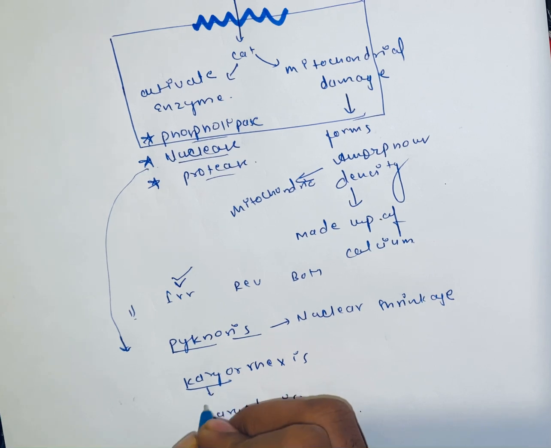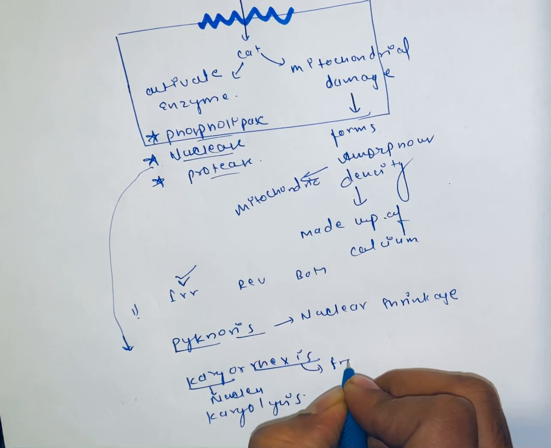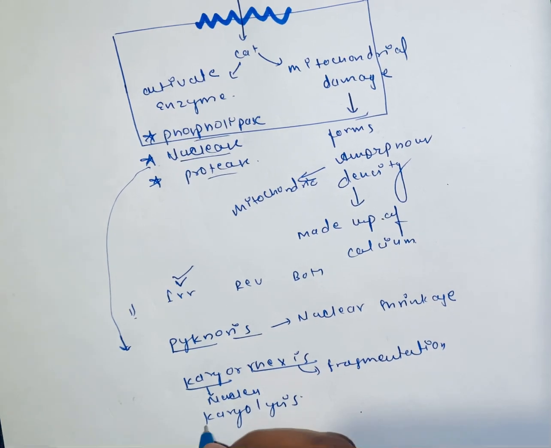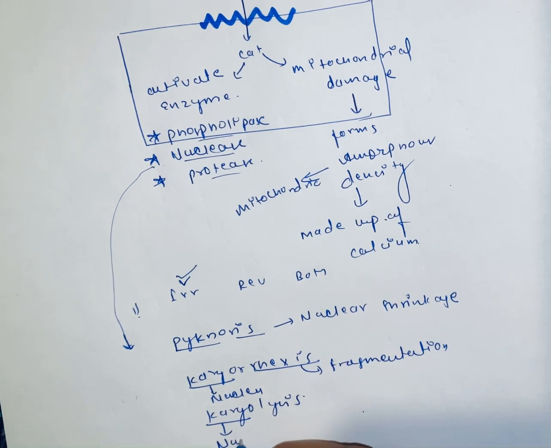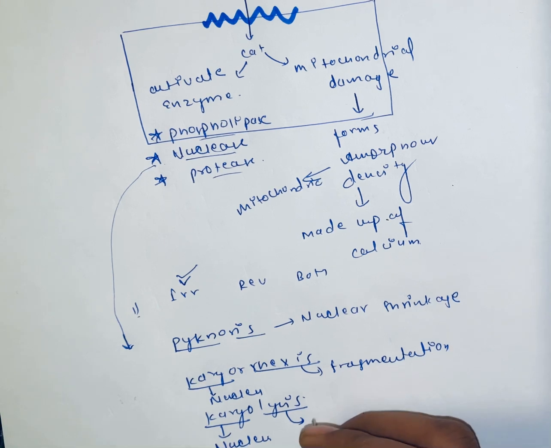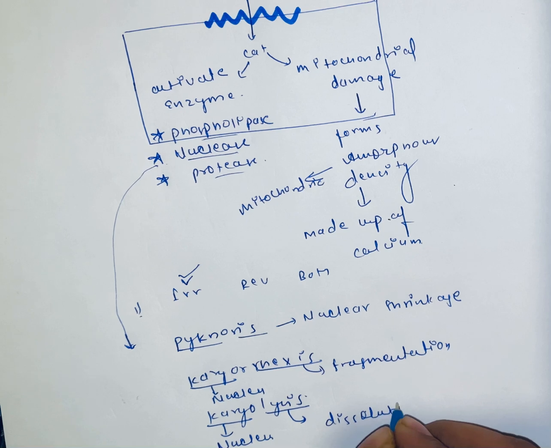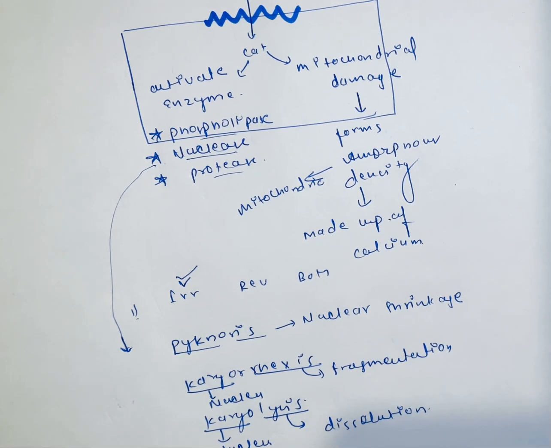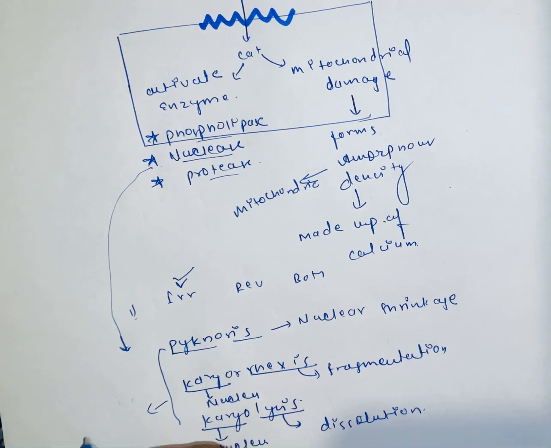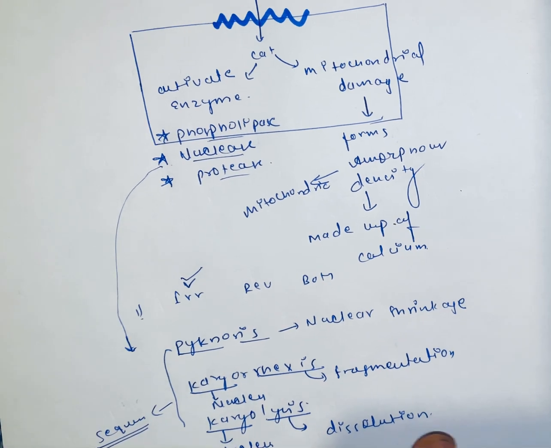Karyo means nucleus, and rhexis means fragmentation. And karyo means nuclear, and lysis means dissolution. So nuclear dissolution takes place here. The sequence is important. Try to learn the sequence. Many times it comes in exams.